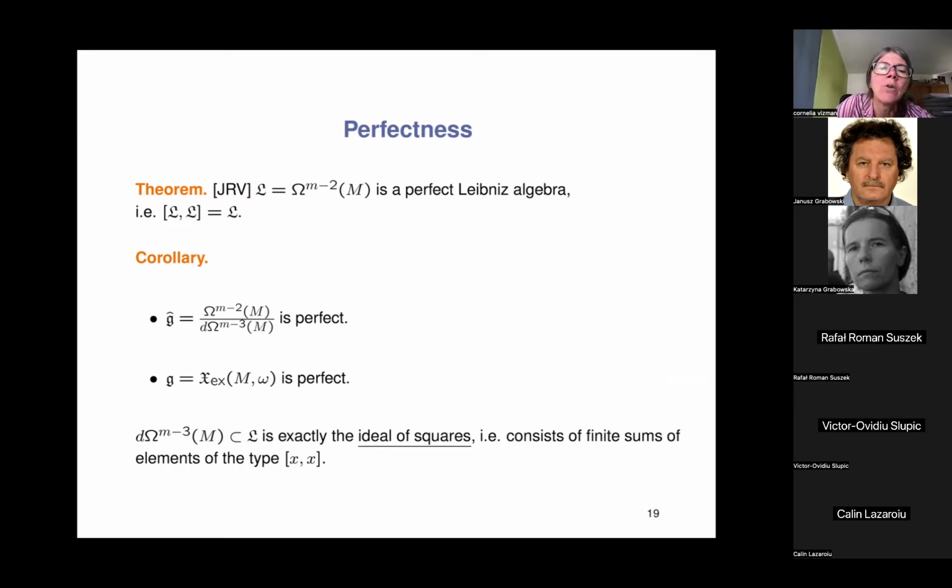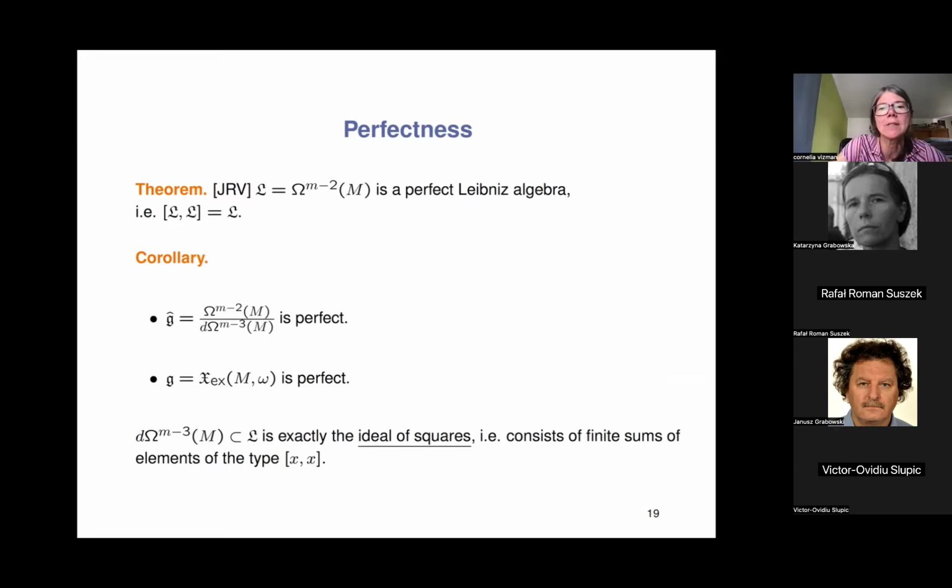So we were also trying to classify the 2-cocycles for the Leibniz algebra, and it works similarly. From the theorem, we automatically get that the Lie algebra that is our candidate for a universal central extension is perfect. The omega here should not be here. It's perfect, sorry.